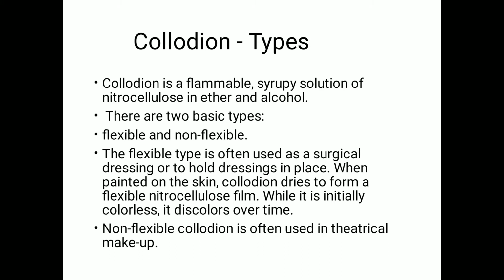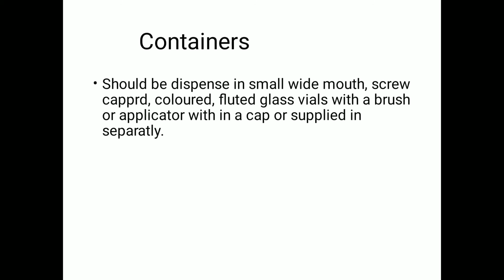Non-flexible collodions are used as a theatrical makeup. These collodions are water repellent. Collodions should be dispensed in small wide-mouth screw-capped colored fluted glass vials with a brush or applicator within the cap or supplied separately.